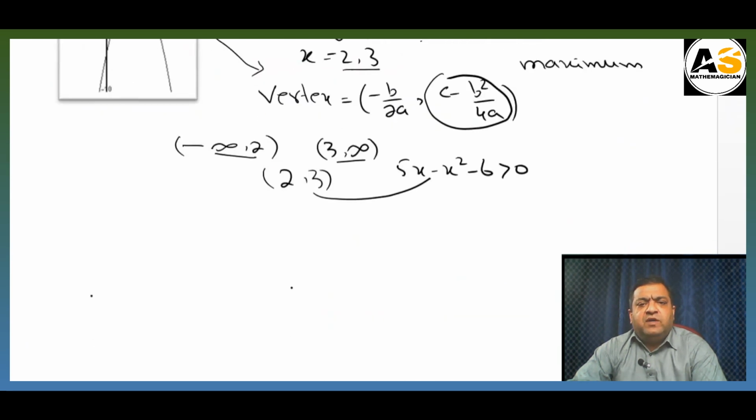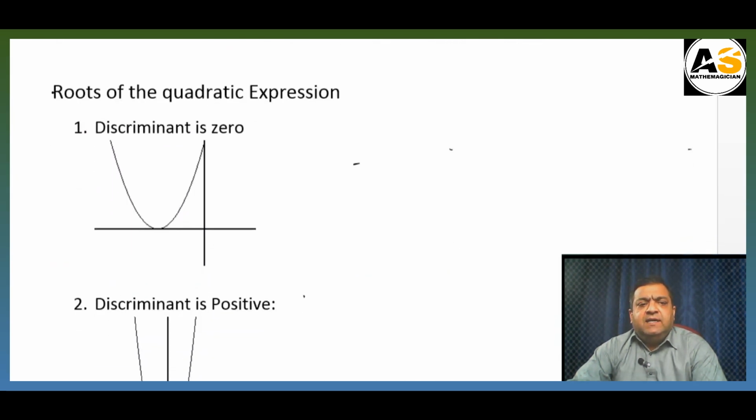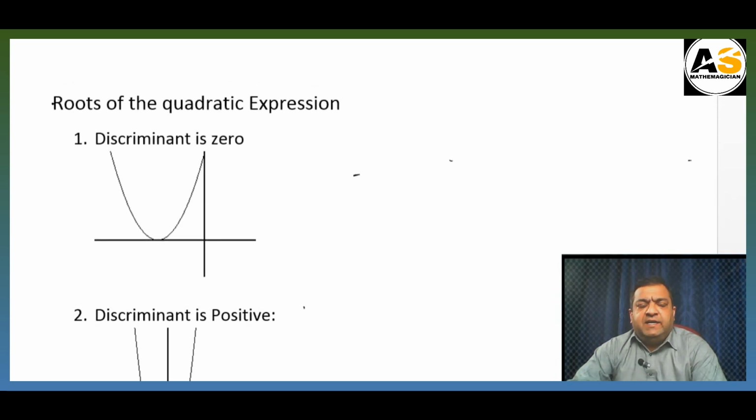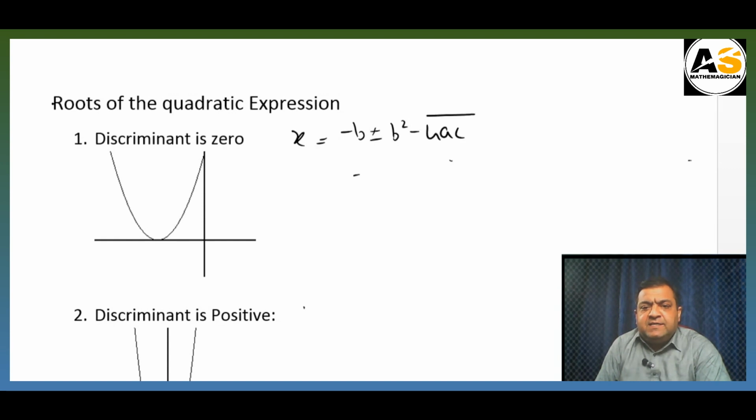Let us move forward and discuss the roots of quadratic equations. As we have already learned the quadratic formula to solve the quadratic equation, this formula is x equals minus b plus minus the square root of b square minus 4ac, over 2a.